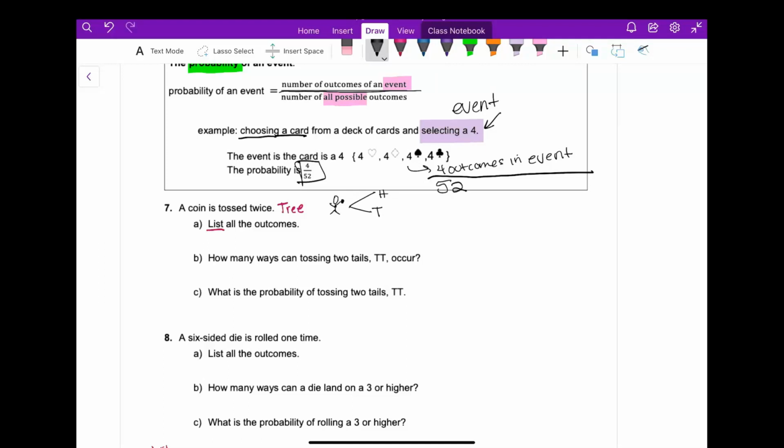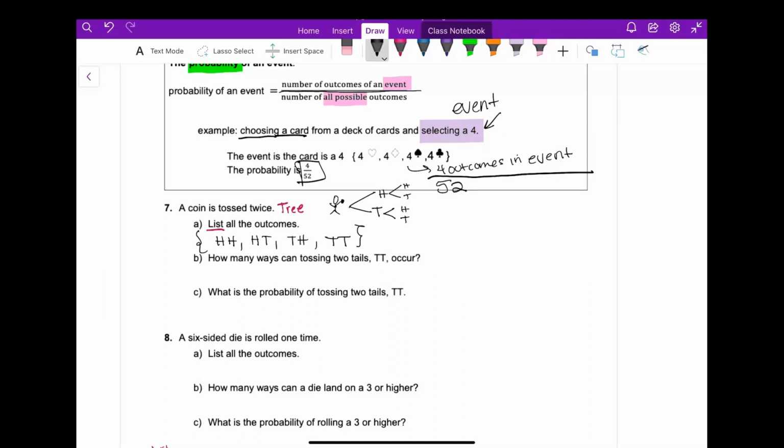And this is tossed twice. So here comes the second toss. And I can get heads or tails. Second toss, heads or tails. Okay, so I'm ready to list all my outcomes. Now that's a tree. That's not a list. It helps me list my stuff. So let's list heads, heads, heads, tails, tails, heads, and tails, tails. So I have my list.